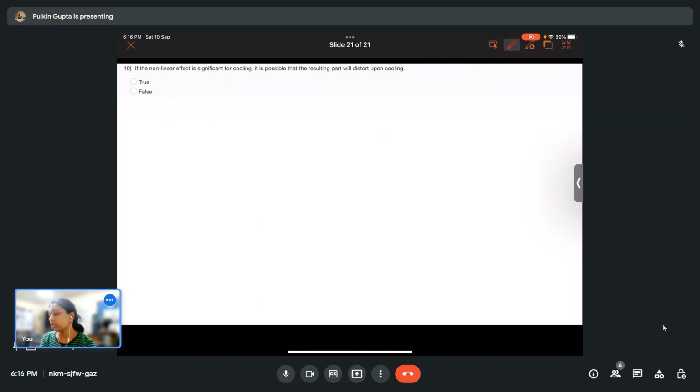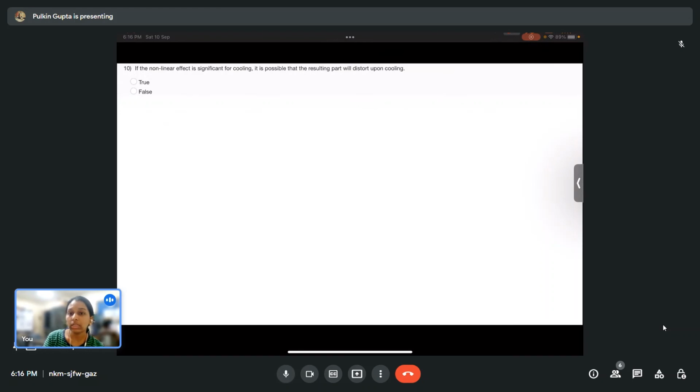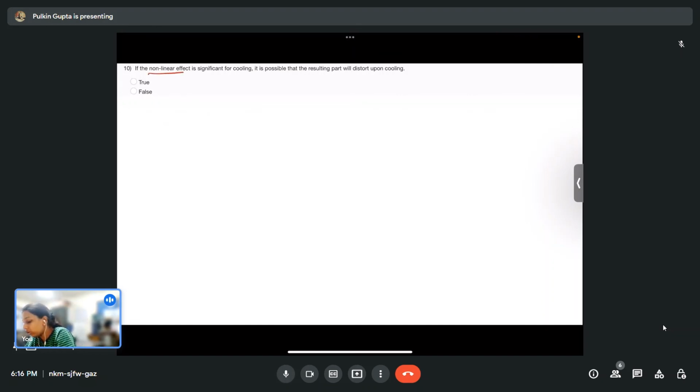The last question for today is, if the non-linear effect is significant for cooling, it is possible that the resulting part will distort upon cooling. So what is this non-linear effect?